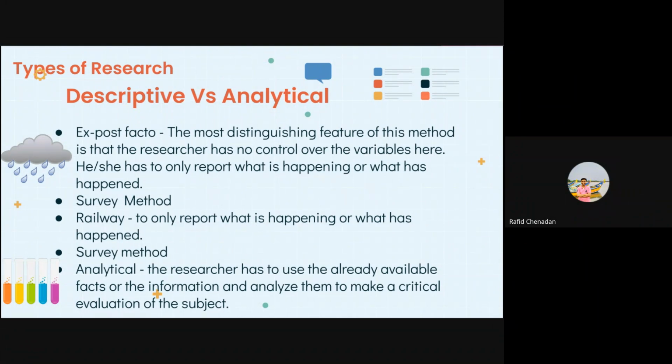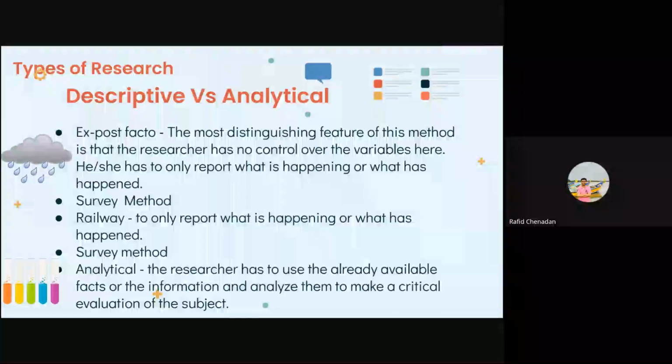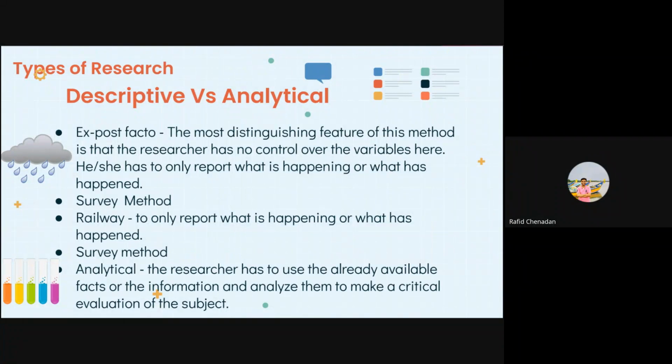I think 1 or 2 times this question appeared in 2018 or 17, something like that. In ex post facto research, the researcher doesn't have control over the variable. So what is a variable? A variable is simply something that varies in a research.